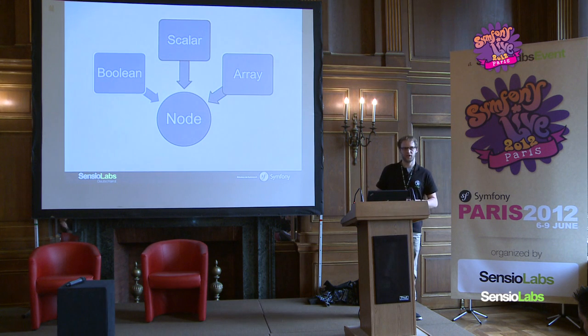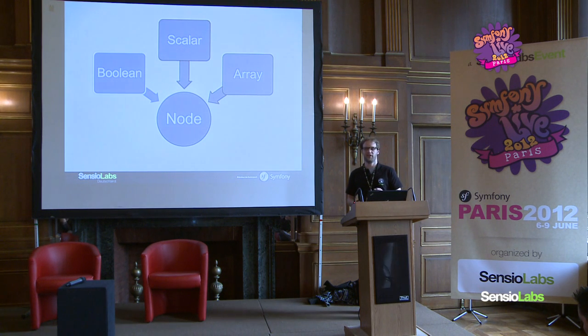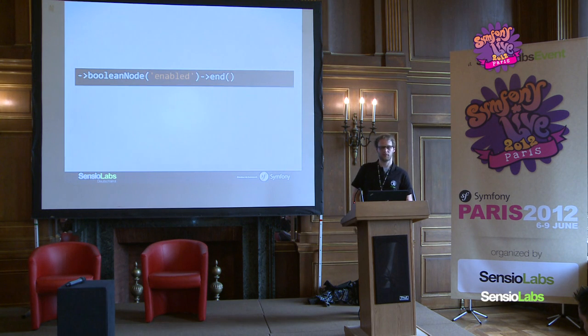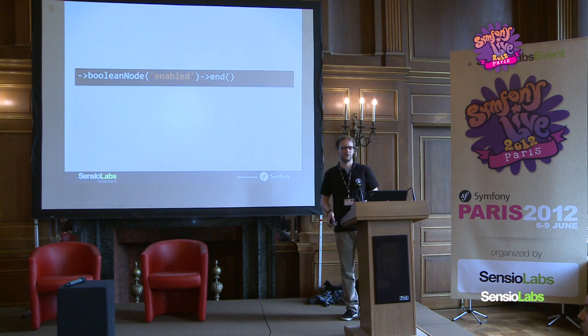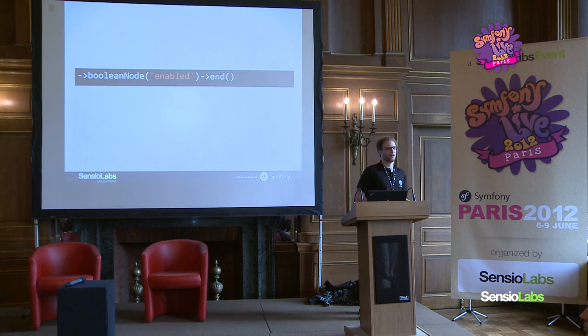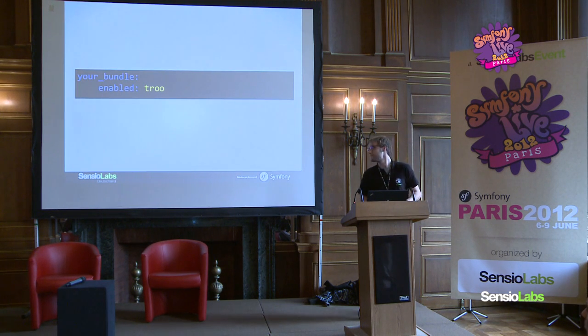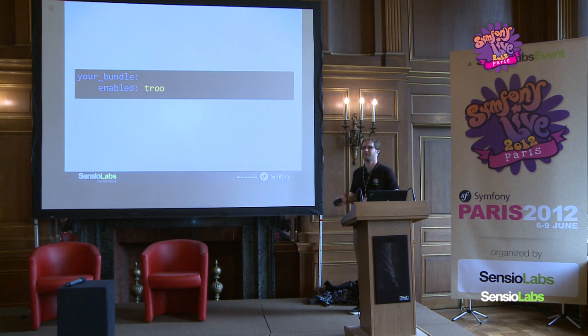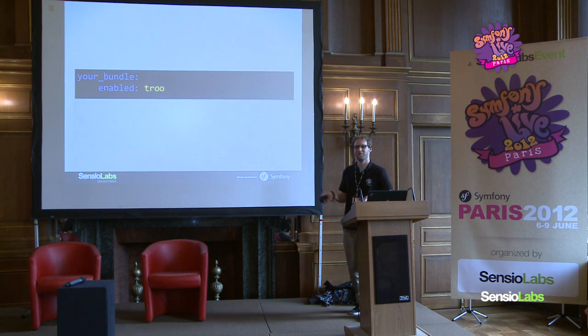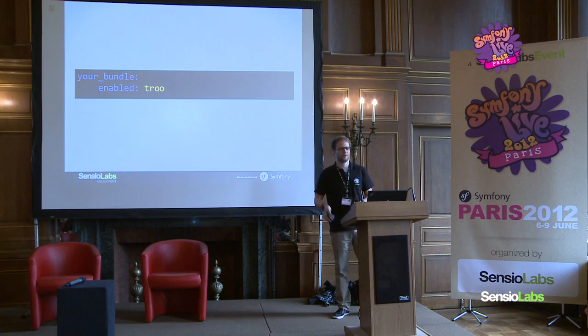So if we are focusing on the Boolean again, I can show you a nice example of how validation works. So from my last example, you already know Boolean node with enabled. But what if somebody does something like this? Some people do this, and sometimes it happens.